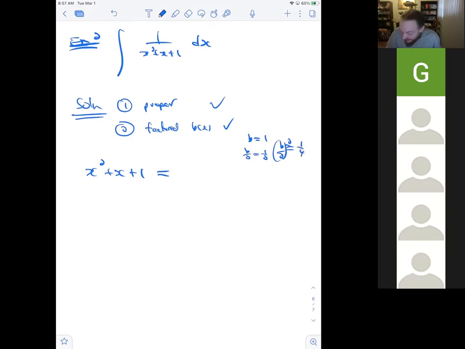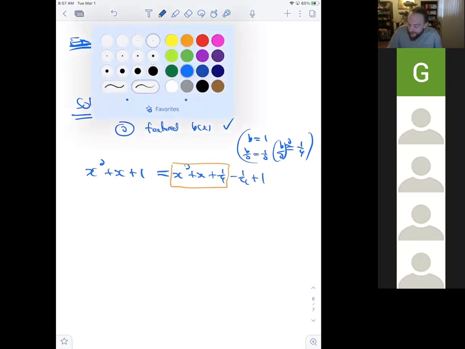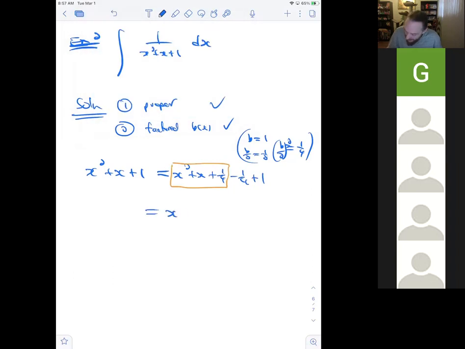So what's going to happen here is I'm going to have x squared plus x plus 1 over 4 minus 1 over 4 plus 1. This now is the completed square. That's why I did that. And so what I have left is x plus 1/2 squared plus 3 over 4.